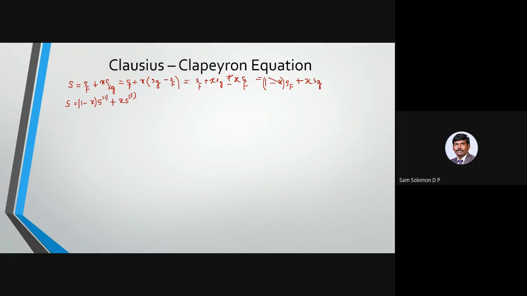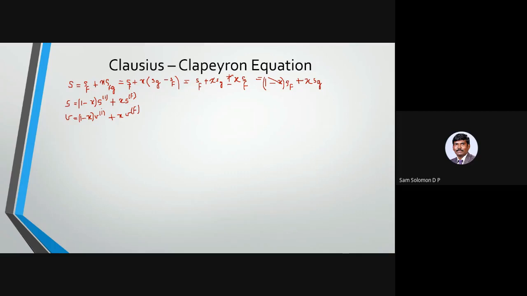Okay. Similarly, your specific volume can also be written as 1 minus X times V, the initial liquid phase, this is I, plus X into V, the final state, which is the vapor state. So X into V superscript F.